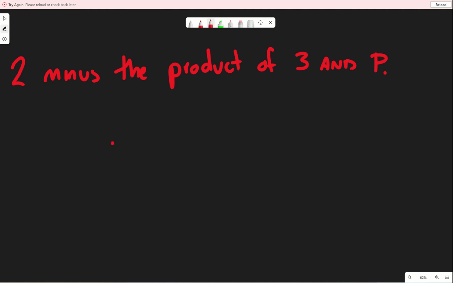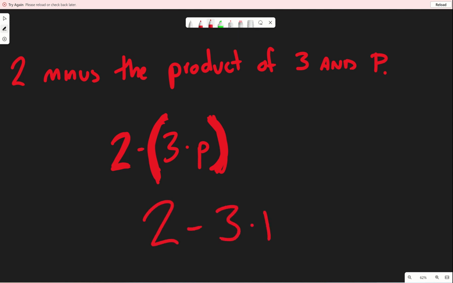Exactly. 2 minus 3 times p. And I'm putting this 3 times p in parentheses because I'm taking 3 times p away from 2. Because order of operations says I do this first, I'm going to just put these in parentheses to help remember. I don't have to. I could have written it as 2 minus 3 times p because the order of operations tells me I have to do this first.